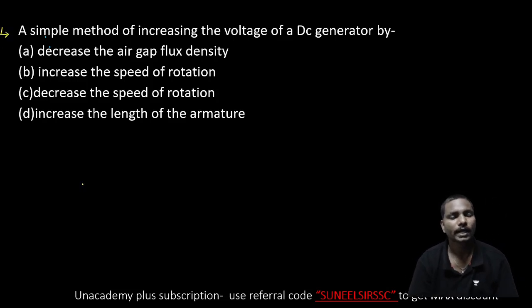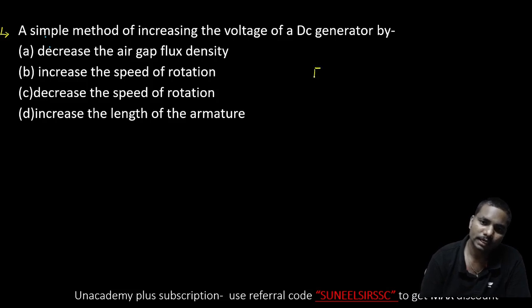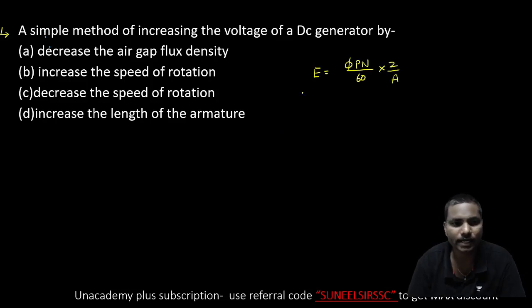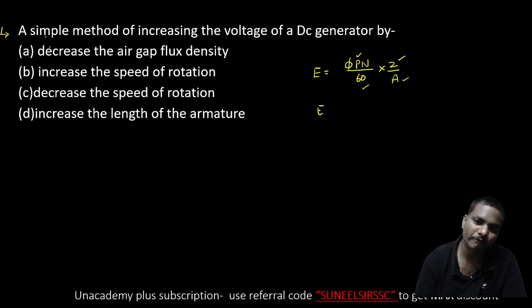A simple method of increasing the voltage of a DC generator. How can we increase the voltage of the DC generator? Consider EMF equals phi P N by 60 into Z by A. Once the machine has been designed, Z is constant, the number of parallel paths is constant, poles are constant, and 60 is a constant. So EMF is proportional to phi into N. If you want to increase phi, there is a saturation problem.